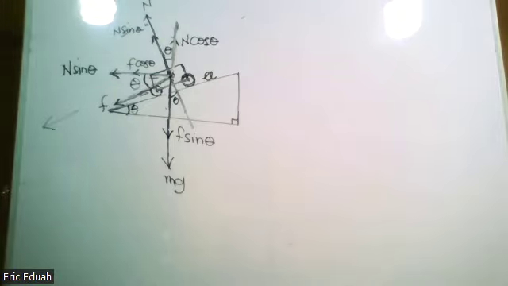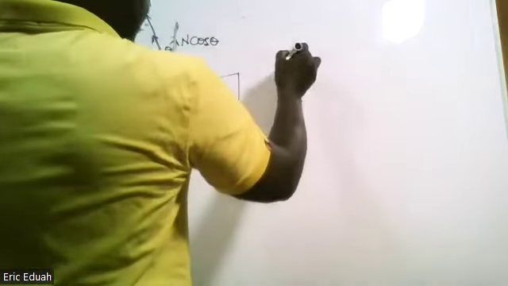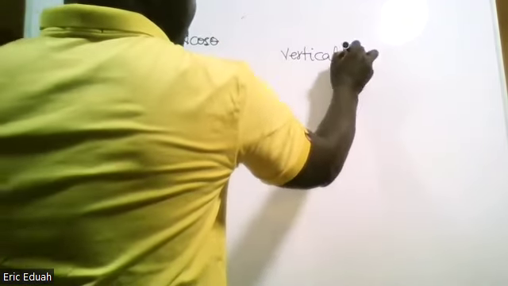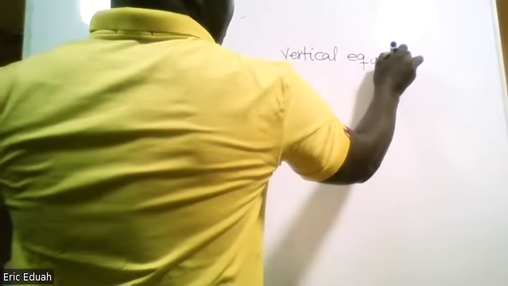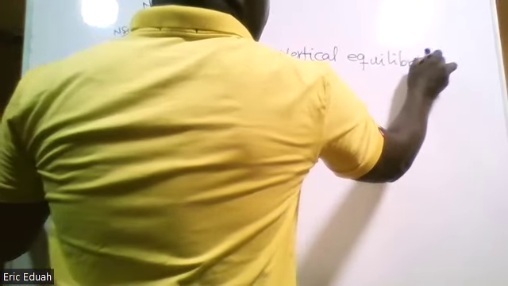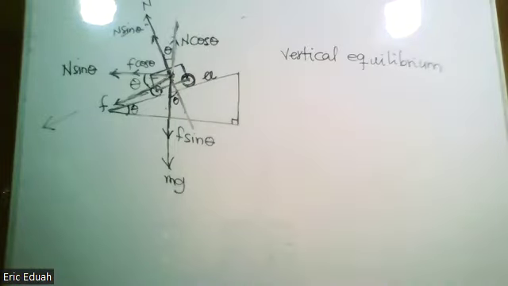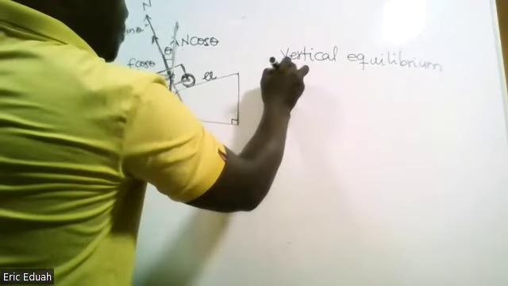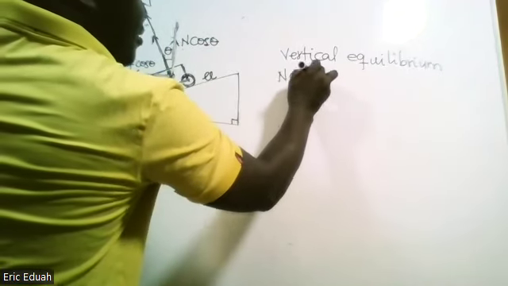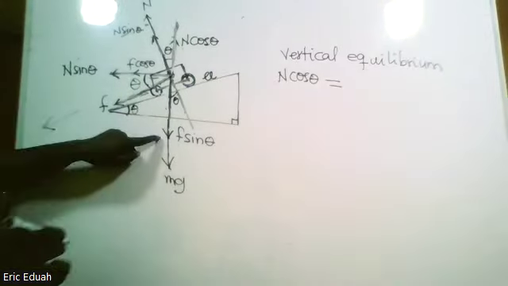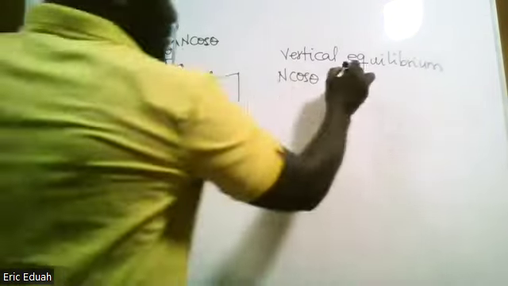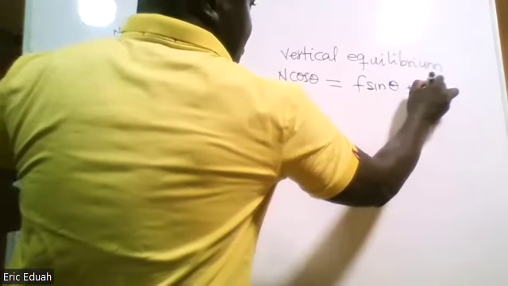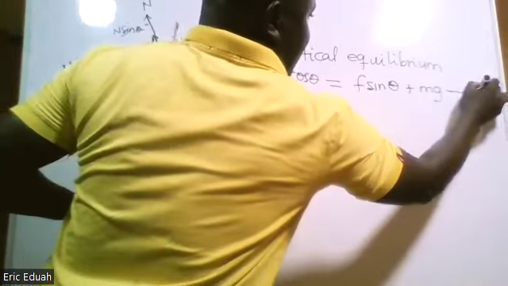Now let's look at vertical equilibrium again. By vertical equilibrium, we see N cos theta is balanced by F sin theta and mg. This is equation 1.